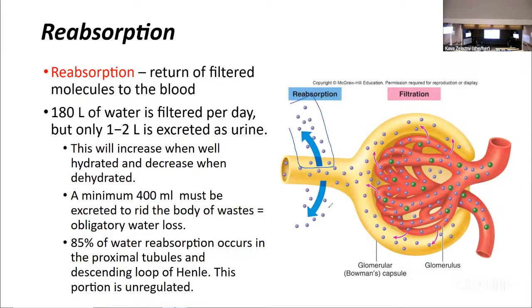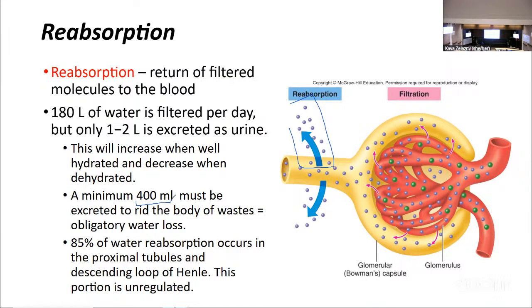When we look at urine volume, you are going to see it go up when you're well hydrated and go down when you're dehydrated, but in either case, we are still reabsorbing a bunch of that water. The minimum amount of water that we need to leave in the nephron to continue into our loop of Henle, our distal tubule, our collecting duct, and then down to the bladder is only 400 milliliters.